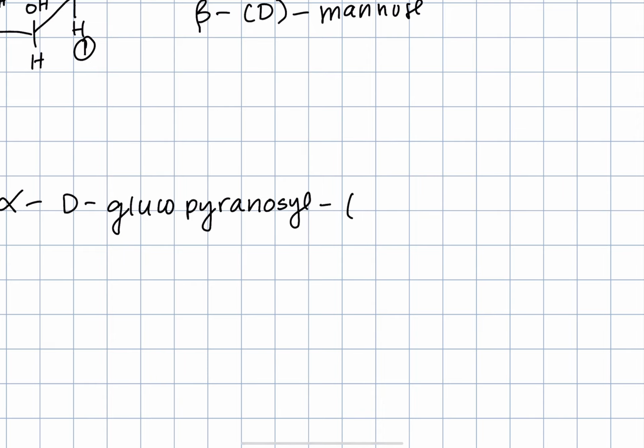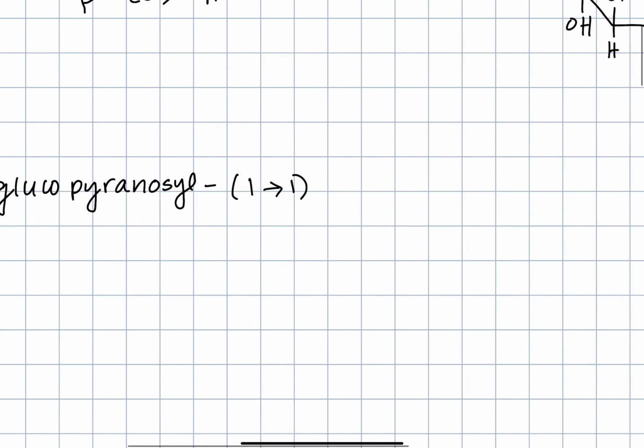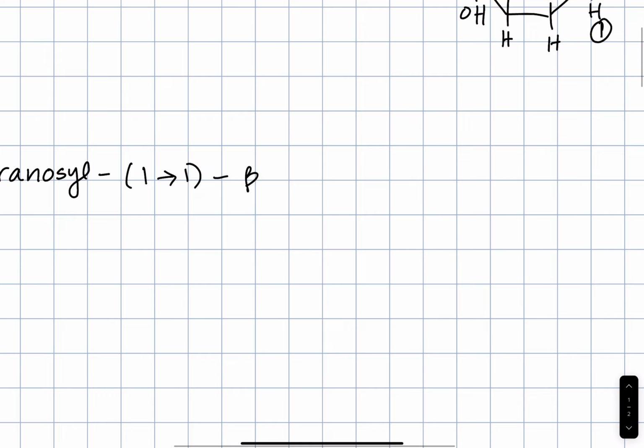An important part is that we have to show the carbons of the glycosidic linkage, and in this case it's carbon 1 to carbon 1, and then we're going to add the second anomer of this disaccharide, and we're going to have the mannoside.